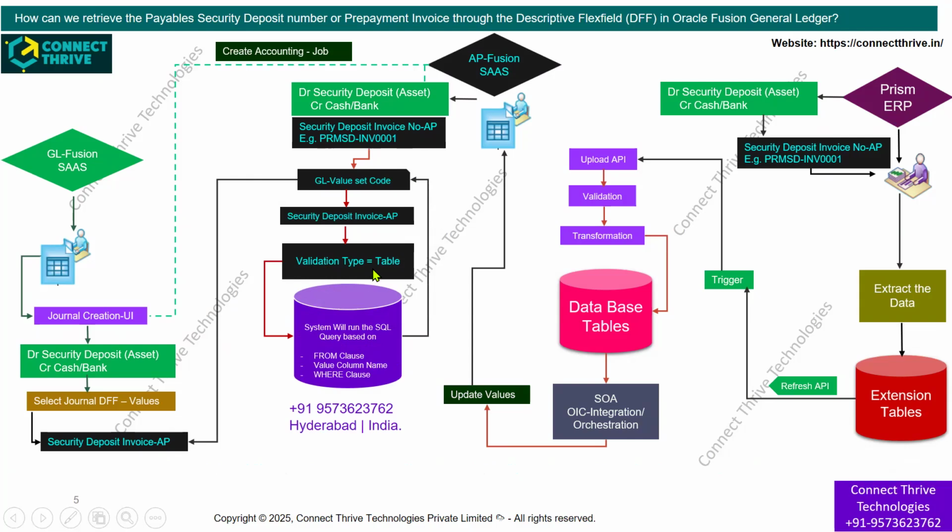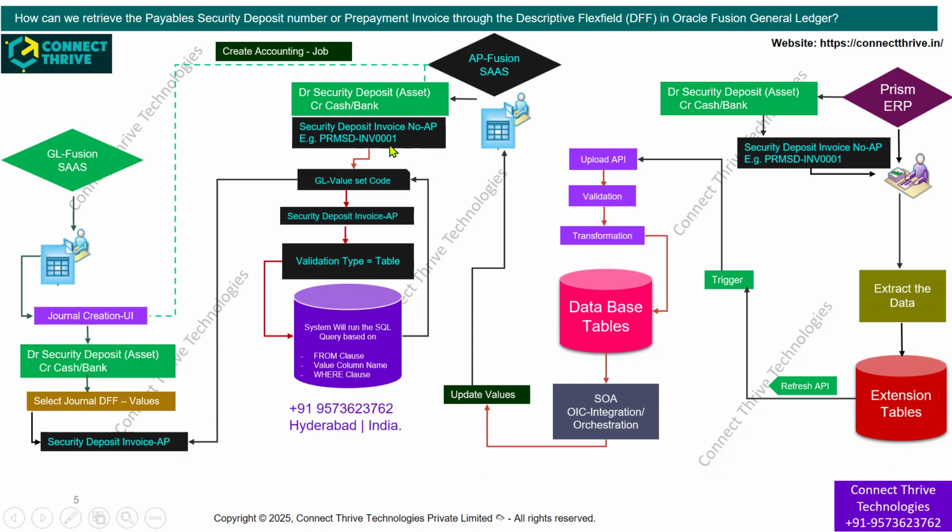So this is the way we can achieve some custom DFF with the help of our SQL query. That is the use of the value set code when you create the table format, the table validation type. If you want to retrieve this prepayment invoice directly in the drop down, they don't want to give free text.